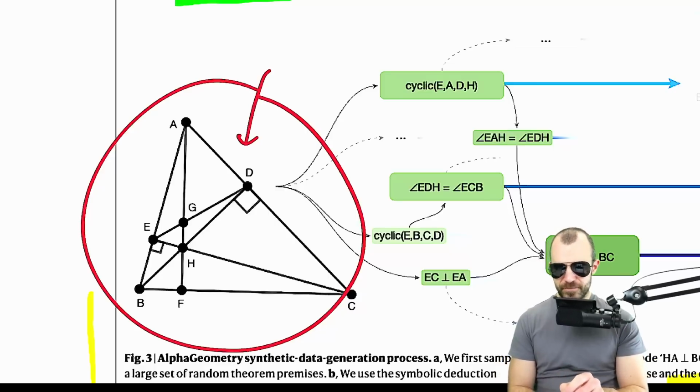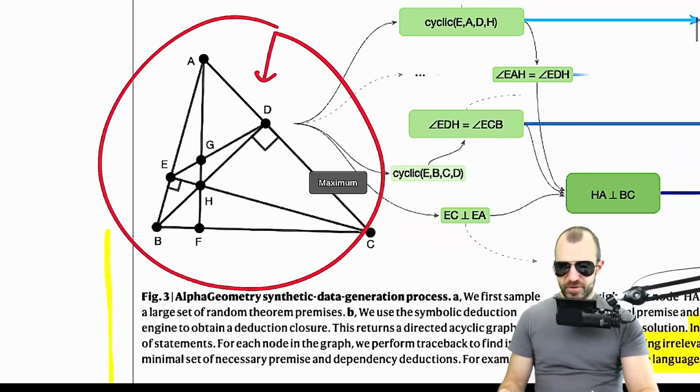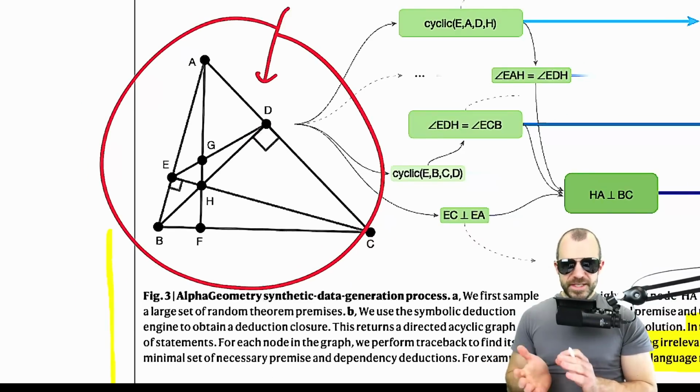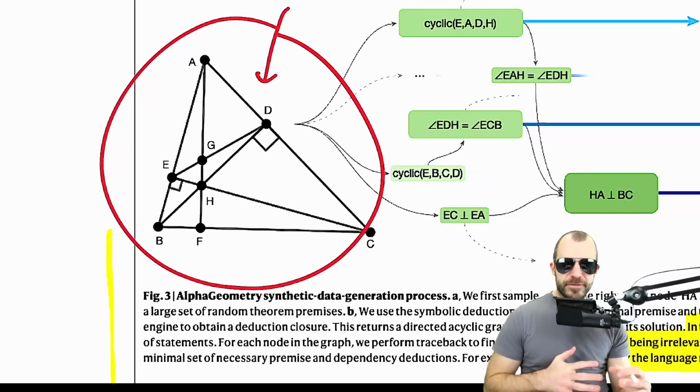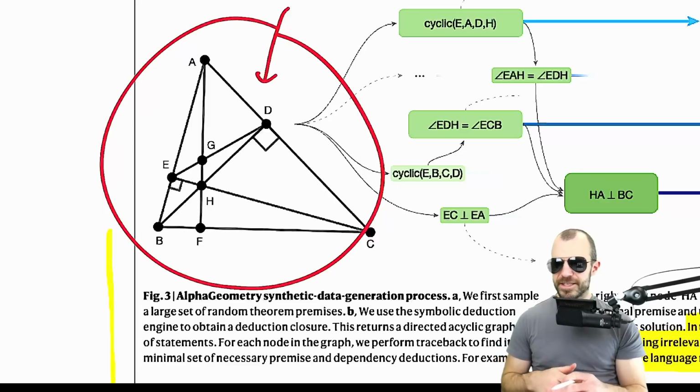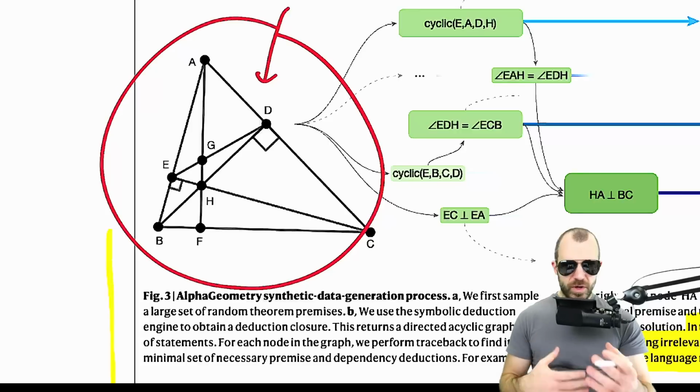What do they do now? So now they have this construction right here. The second step they do is they figure out all of the things that they can say about this. So using their symbolic prover, they now prove everything they can about this.